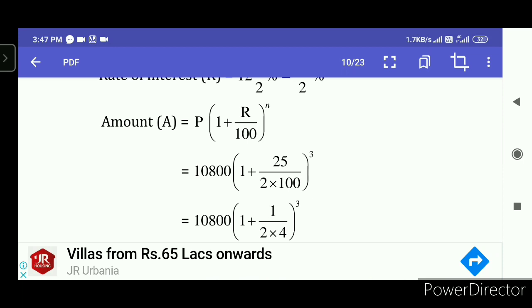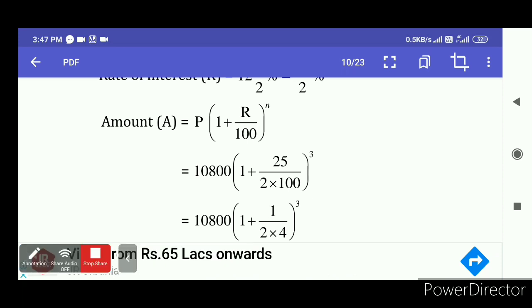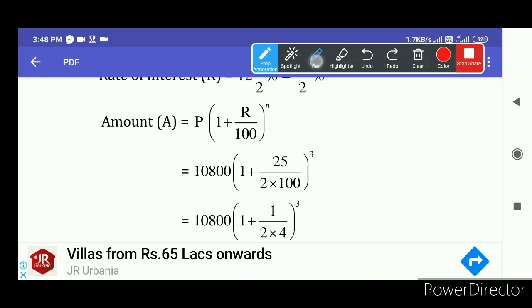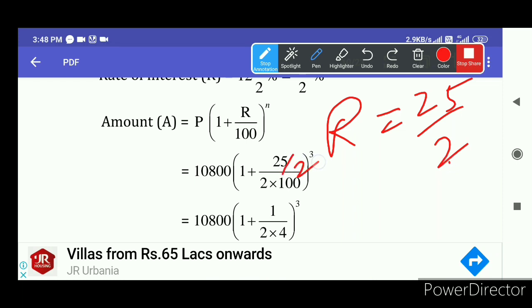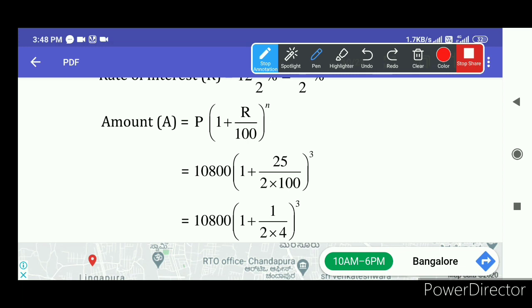Principal is 10,800. 1 plus R, that is 1 plus 25 by 2. 2 is in the denominator, so that 2 is brought to the denominator; already 100 is there in the denominator, with that the 2 should be multiplied.